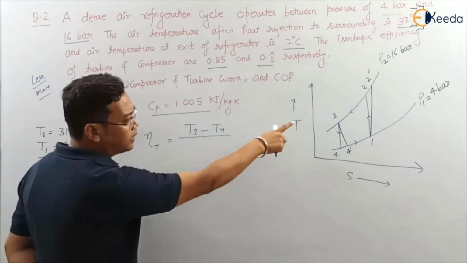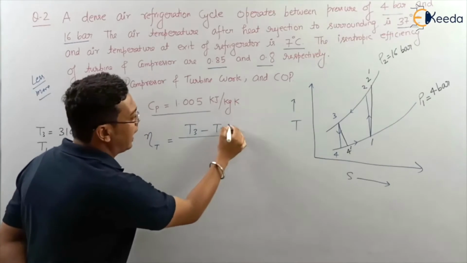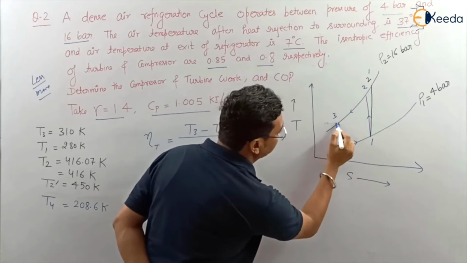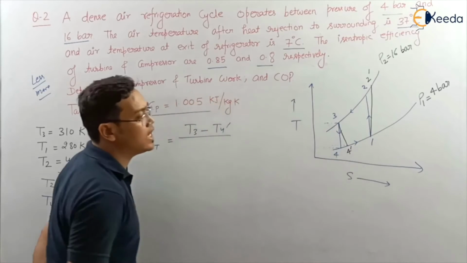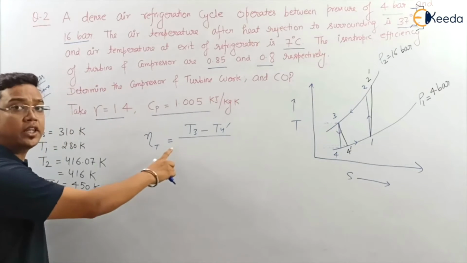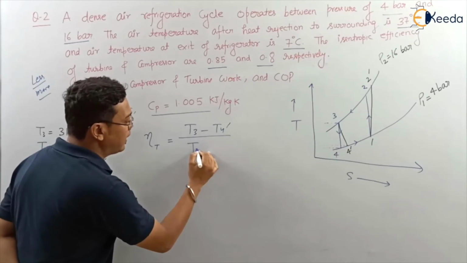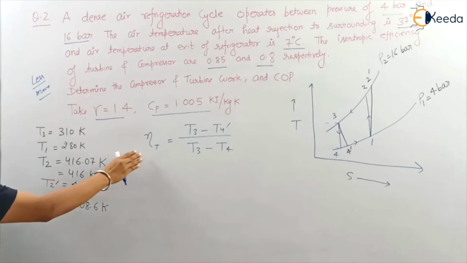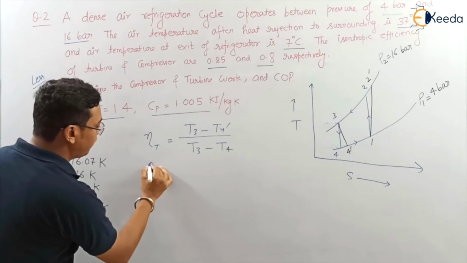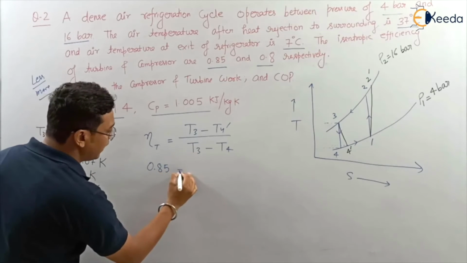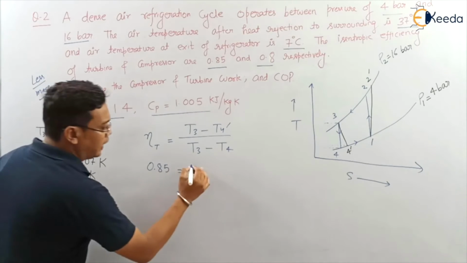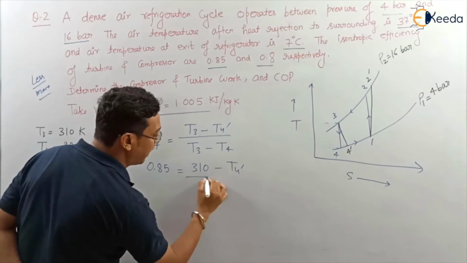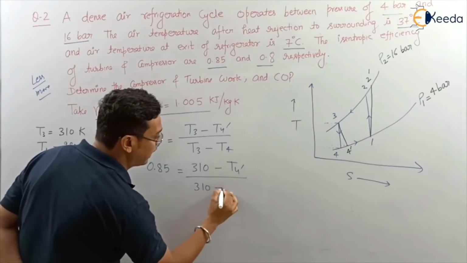And from 4 dash, because this is the less work now. If I write like this, in which process I am getting less work? 3 to 4 dash. So T3 minus T4 dash divided by T3 minus T4. Efficiency of turbine, you know, 0.85 is equal to T3, 310 Kelvin minus T4 dash I have to calculate divided by T3, 310 Kelvin minus T4.